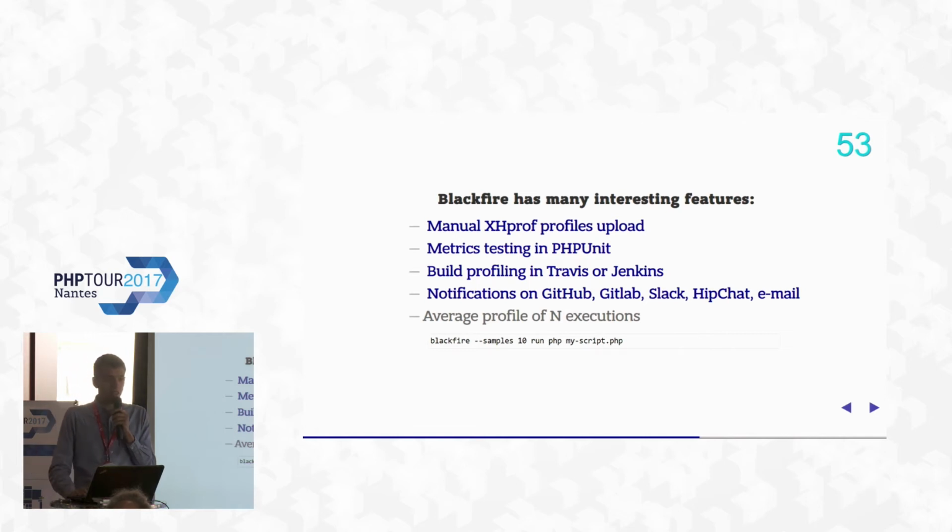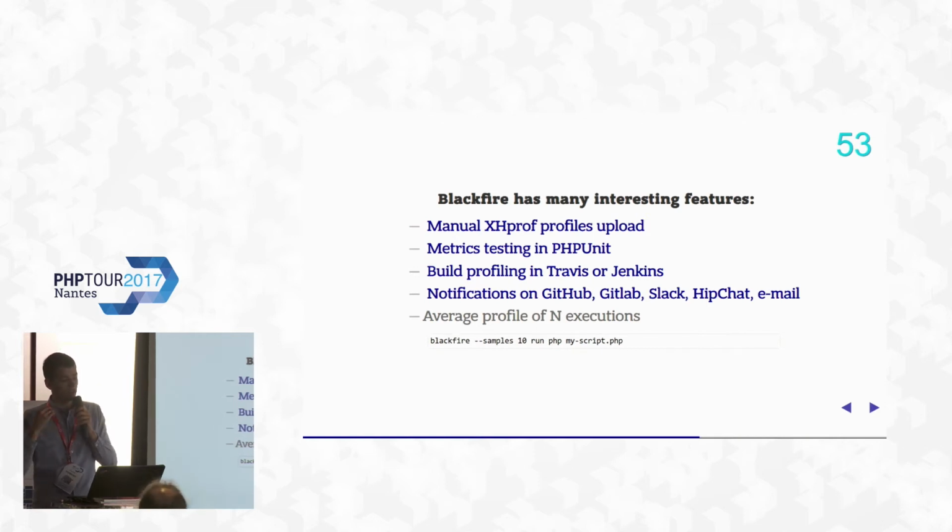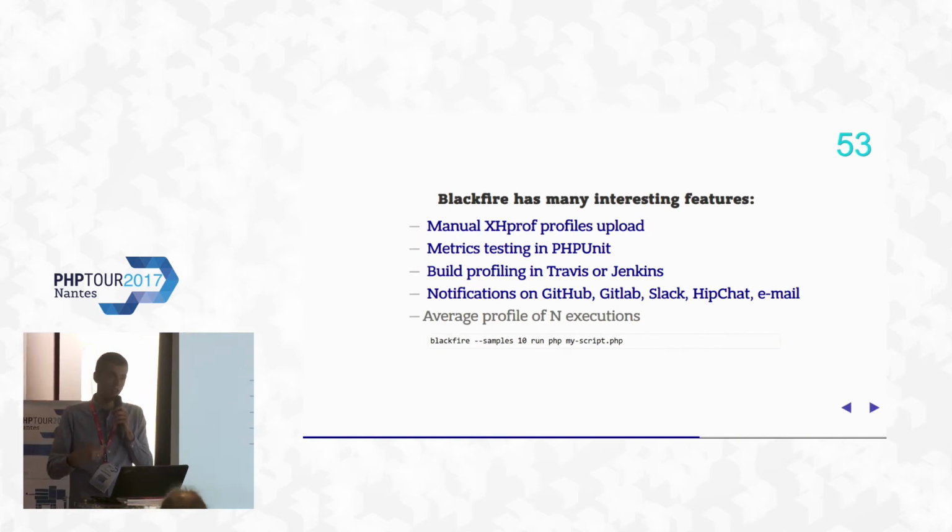Metrics testing in PHPUnit: you can define some metrics in your PHPUnit test, like how many times some method should be called during the test case run, or how much CPU must be consumed at most. So you can configure it in PHPUnit tests, and on run, Blackfire will check these assertions and notify you in case some of the methods work longer than you set.